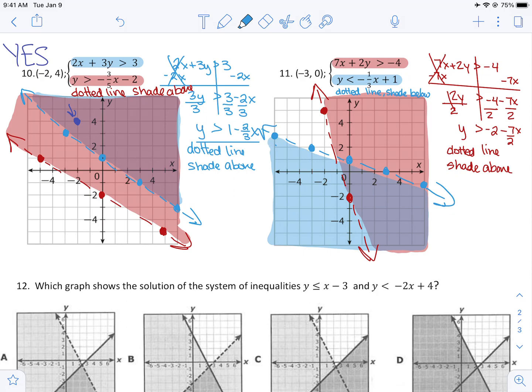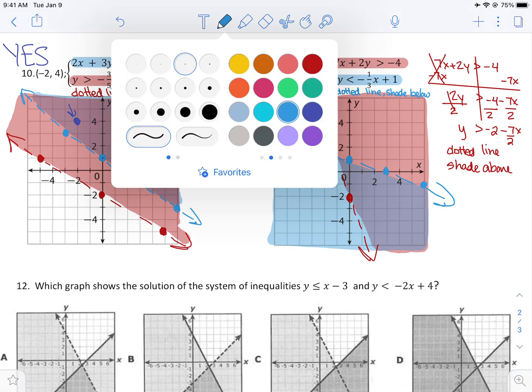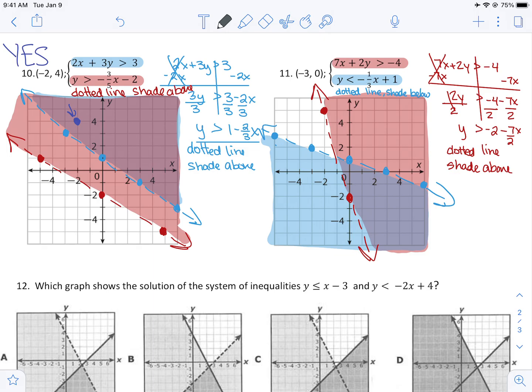So the darkest area on the graph, it's almost like a dark purple. And we want to see if the point -3, 0 is a solution. So -3, 0, I go over on the x-axis, -3. That point is right here. It is just in the blue area, so it is not a solution, so no.